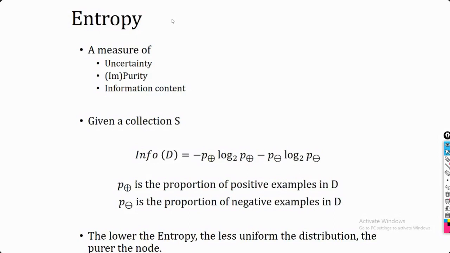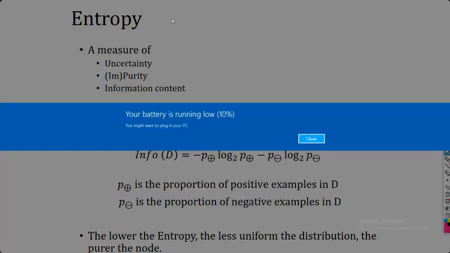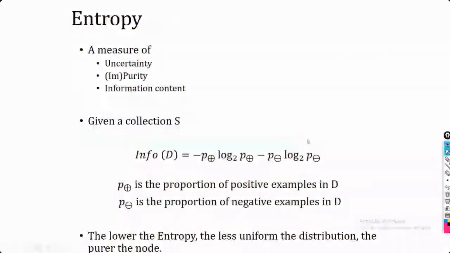So now in the next class we will continue with how to quantify how your selected attribute is going to perform. So we will continue with that in the next class.